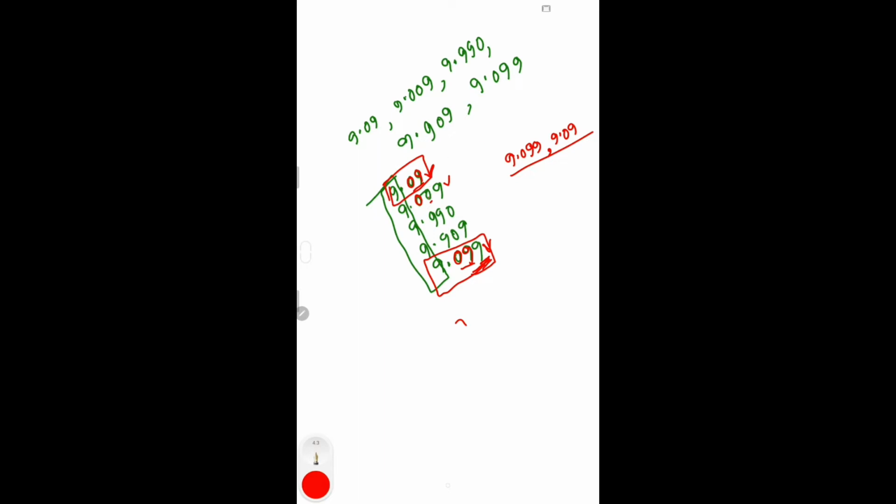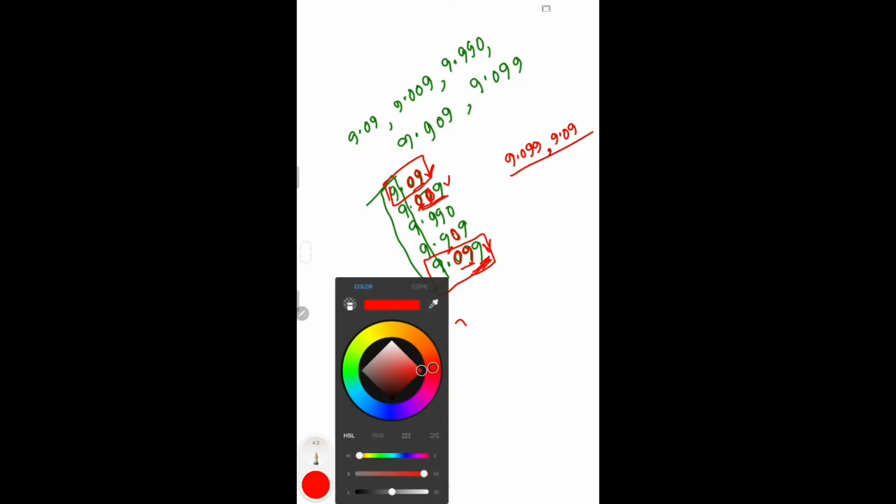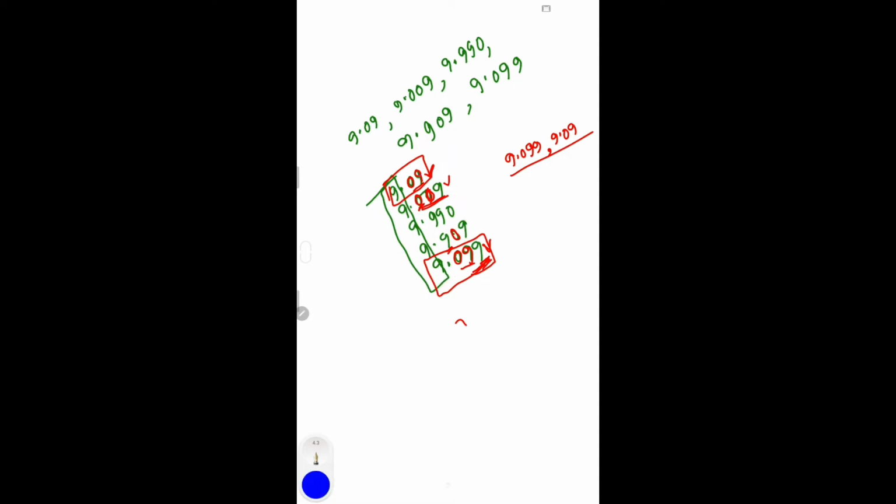Now next, this number has a 0, and this number has a 0. But here it has a 0 and here it has a 9. So between these two numbers, this one is smaller.